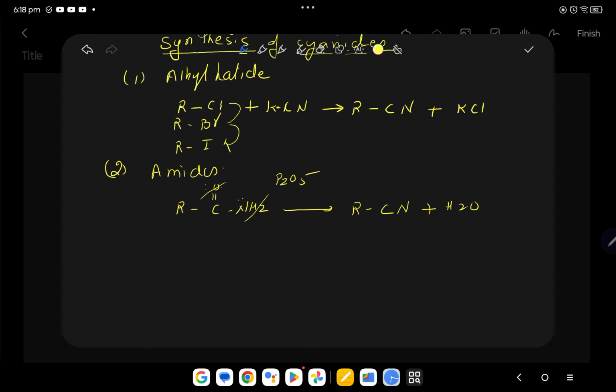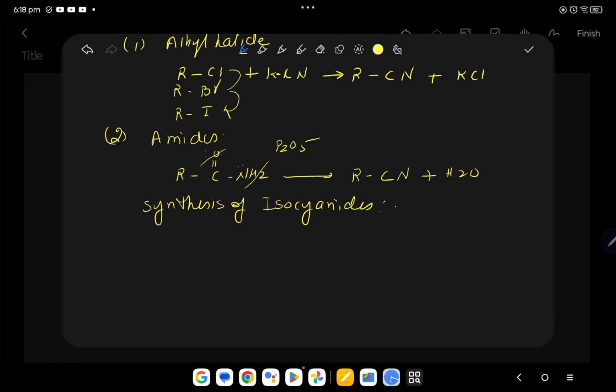Now, how to prepare isocyanides? The synthesis of isocyanides is done by the carbylamine test. The carbylamine reaction is a very good reaction, and it forms the compound isocyanide.